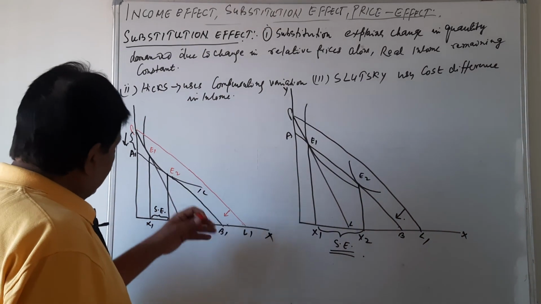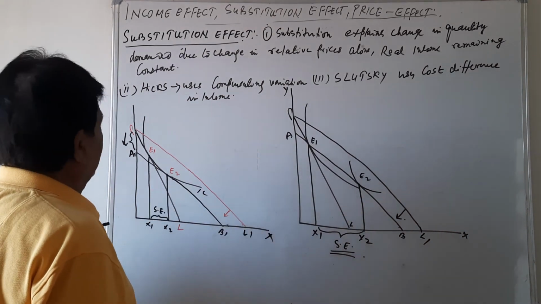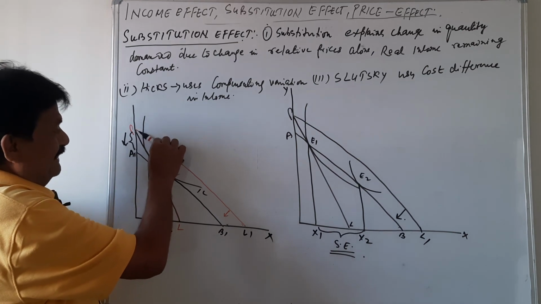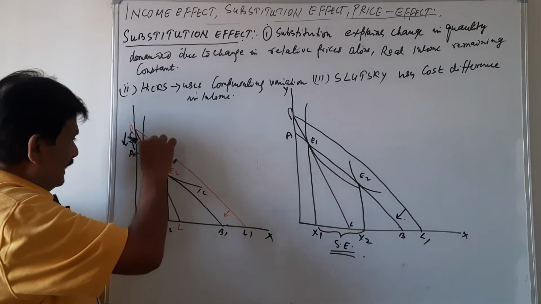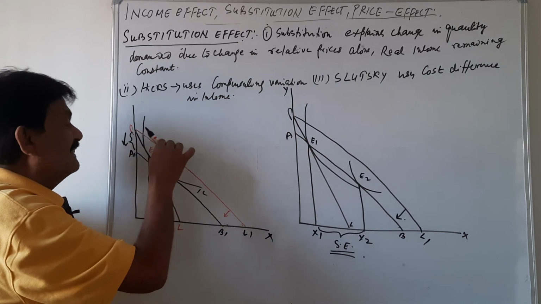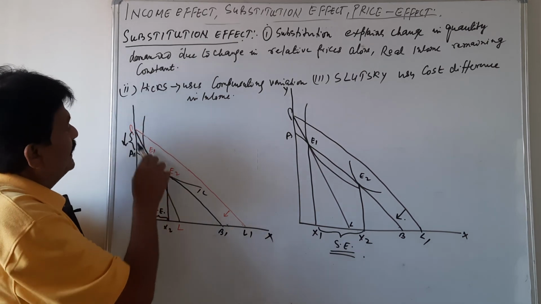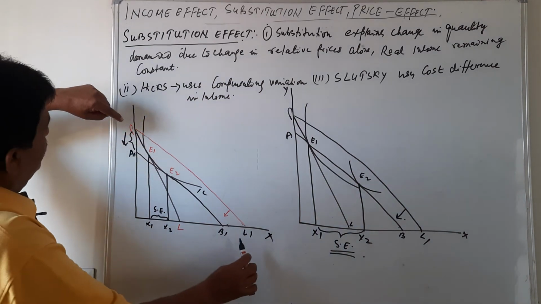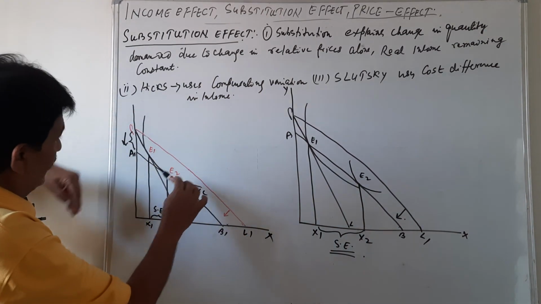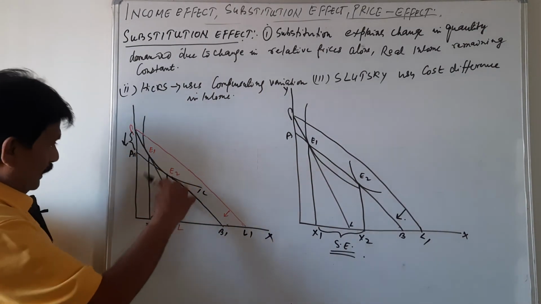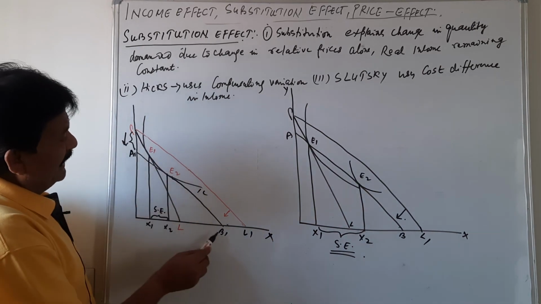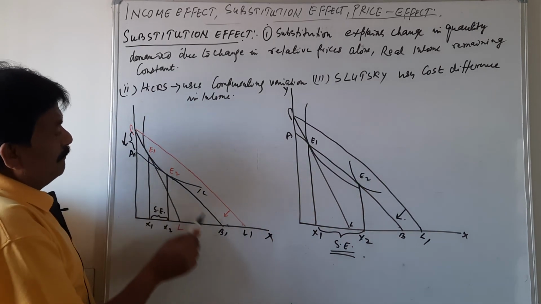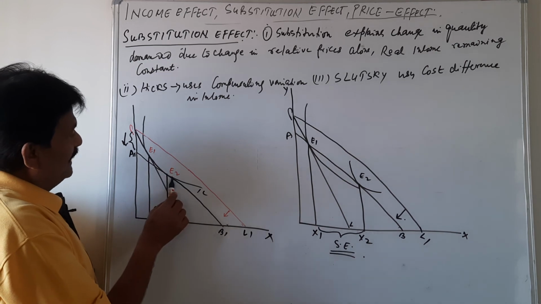Now, to separate this substitution effect, what has to be done? This new price line has to be reduced or suppressed below in such a way that we are on the initial IC. If this PL1 comes in a parallel way to the lower portion, it becomes A1B1, and A1B1 is tangent to the IC at point E2.